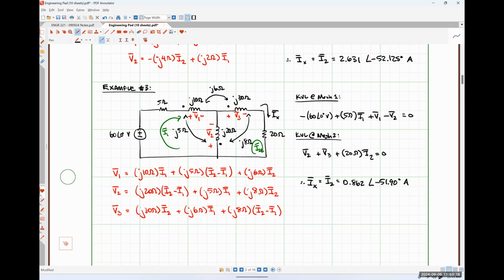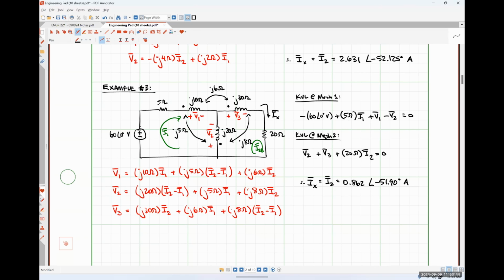Okay, so we seem to have a good understanding of the dot convention, which is fantastic because we are going to be using it for the next couple of weeks as we get into more nitty-gritty details about circuits involving magnetic coupling. So what we're going to talk about in our next class meeting is an introduction to transformers.